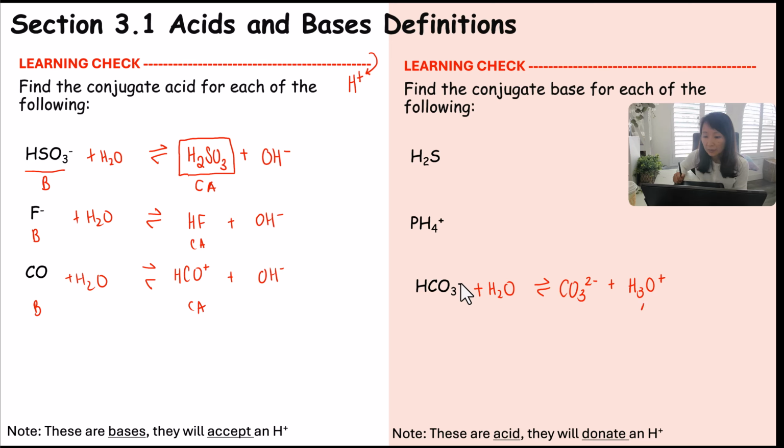This has a special name. This is called a hydronium ion, whereas the OH minus is the hydroxide ion. So if you look at this, this is your acid that became a conjugate base on the other side.